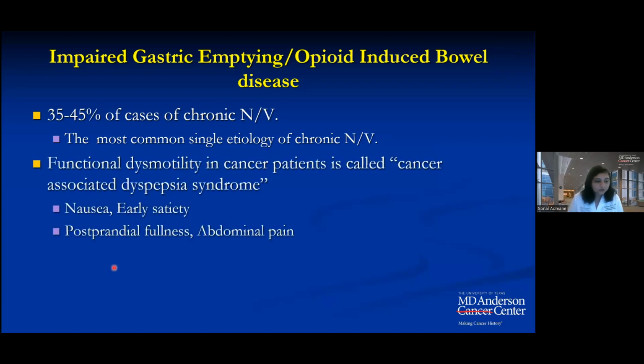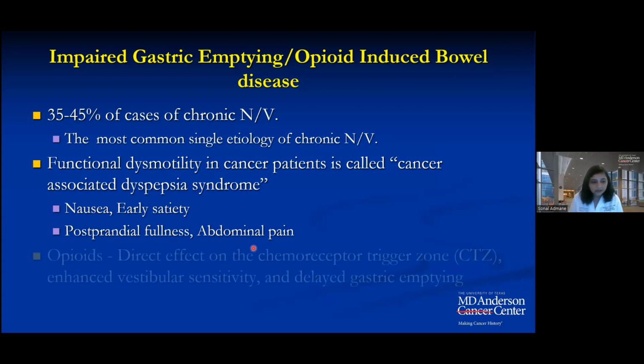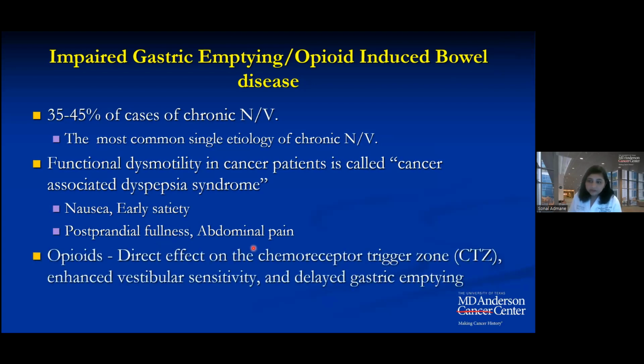And they usually present with early satiety, nausea, postprandial fullness, abdominal pain. Opioids, by causing opioid-induced bowel disease, have a direct effect on the chemoreceptor trigger zone. They also enhance vestibular sensitivity and cause delayed gastric emptying.